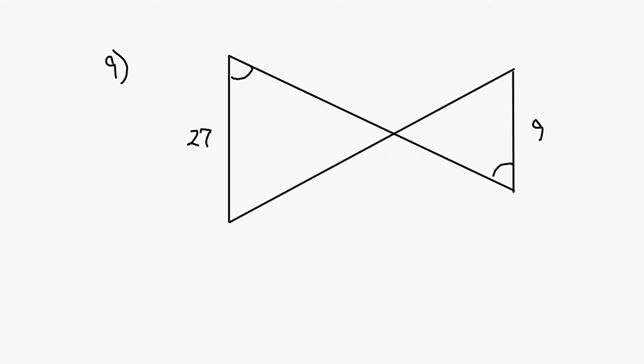Number 9, same directions. The bow tie problem. This top left angle is congruent to this bottom right angle.